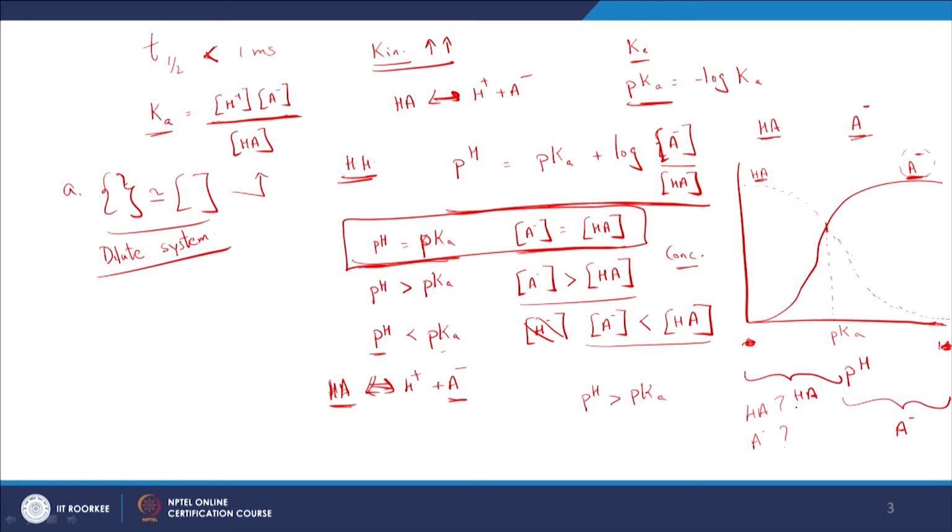What does that mean now in practical terms? Let us take the example of acetic acid, CH3COOH, and I know that its pKa is around 4.7, I believe. Do not take my word on that, let us go with that value for now. Let us draw a figure and look at that case.